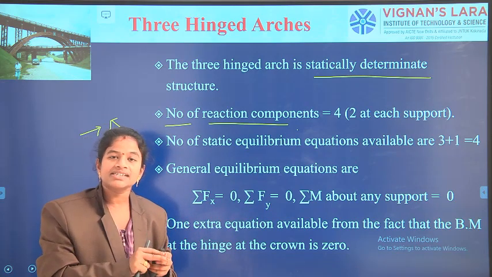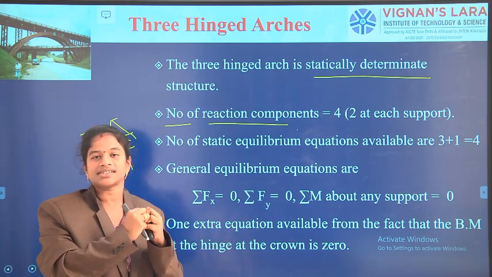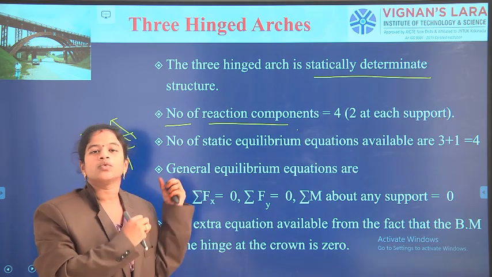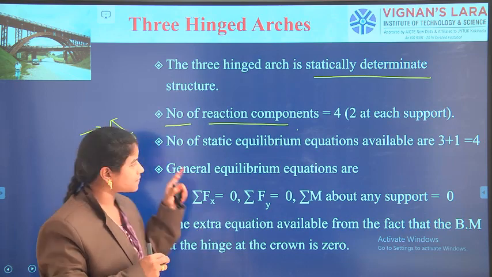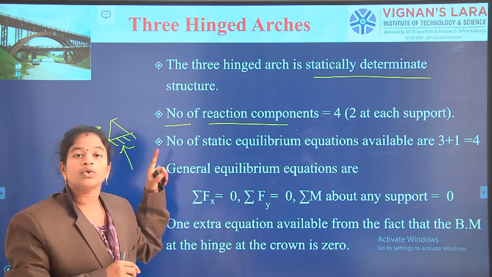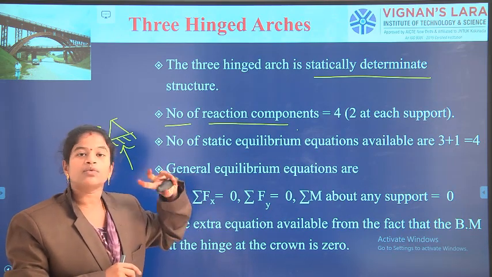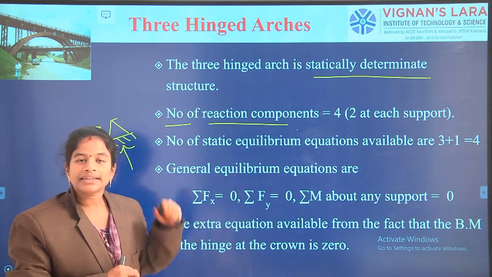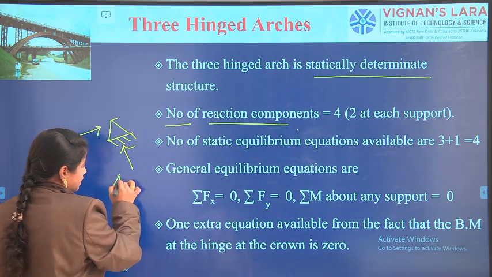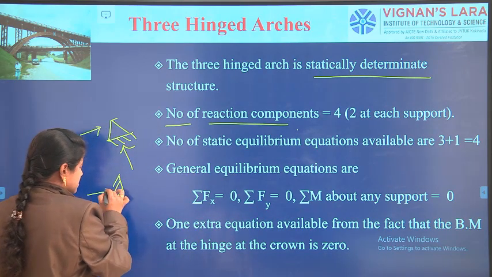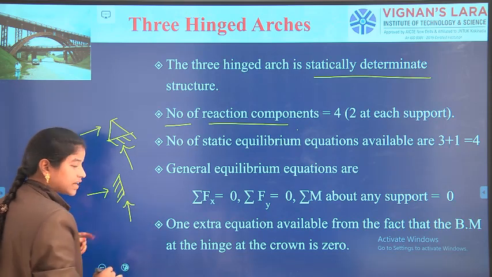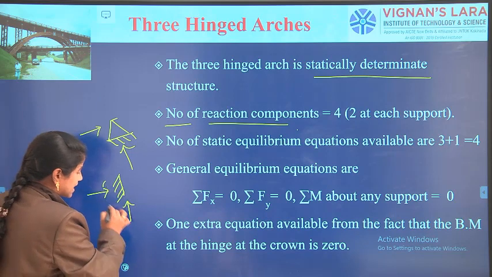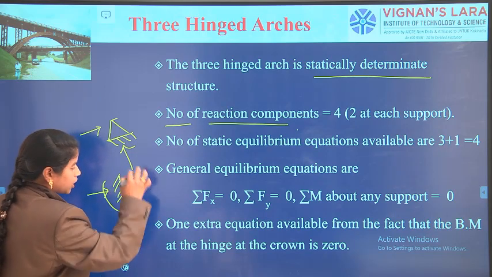In however many directions we restrict the structure, in those directions we get reactions. If we also resist the rotation, that is available in fixity. A fixed support stops horizontal movement, stops vertical movement, and resists rotation.